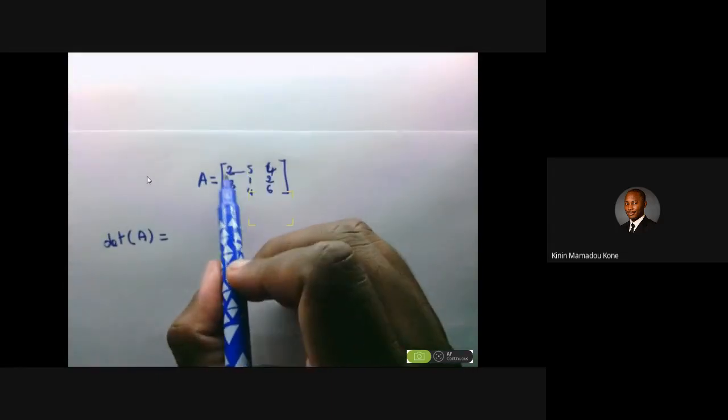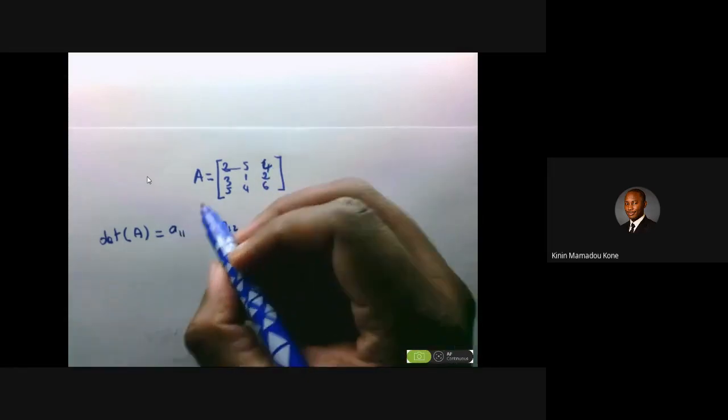You have the determinant of A. You will start with the first entry. Let's assume that I want to fix this row here and move along this row. So the first entry of that row is A11, the second entry is A12, and the third entry is A13.